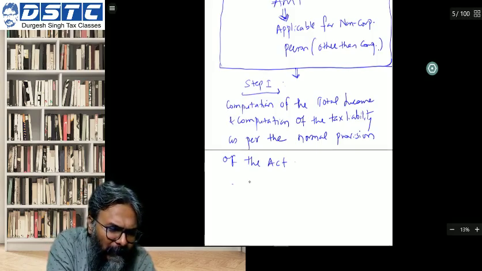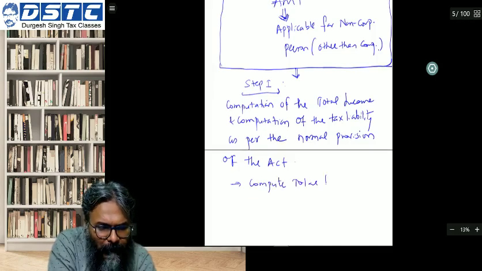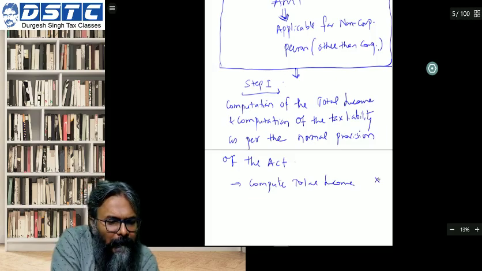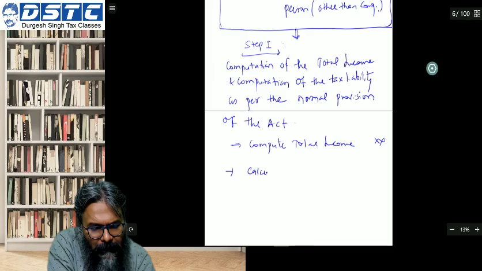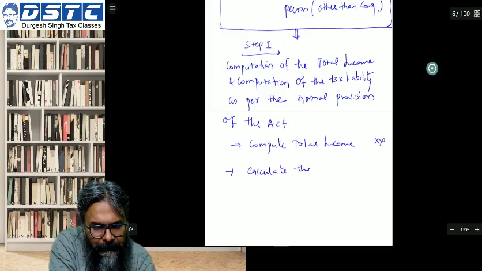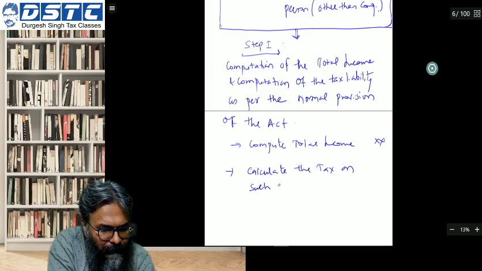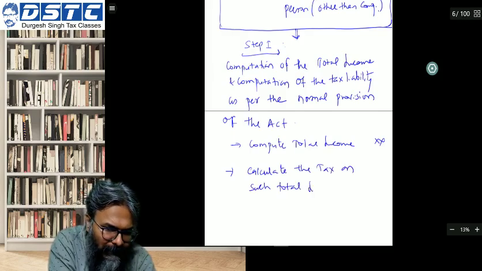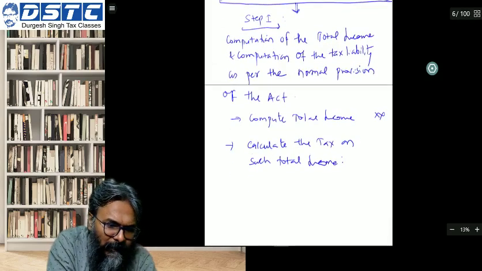So herein compute total income, fine, and then thereafter calculate the tax on such total income. How you will calculate a tax on such a total income?